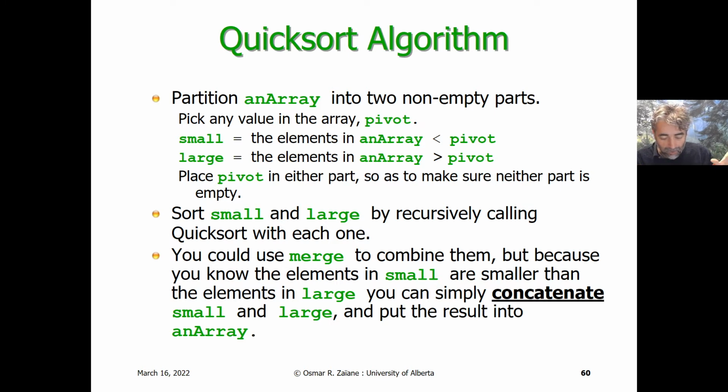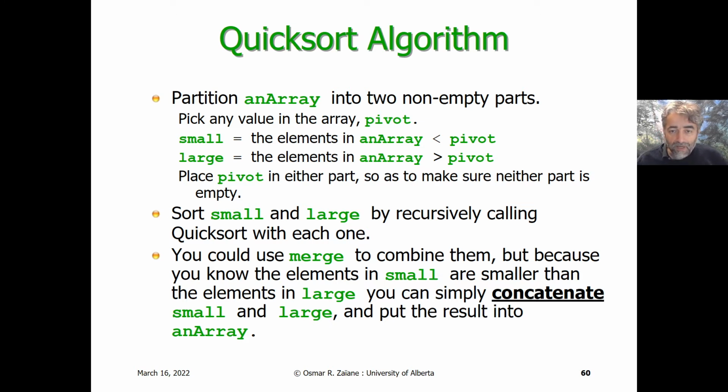One is called small, the other is called large. In small, I have all the elements of the array that are smaller in value than the pivot itself, and in large, I have all the elements that are larger in value than the pivot.